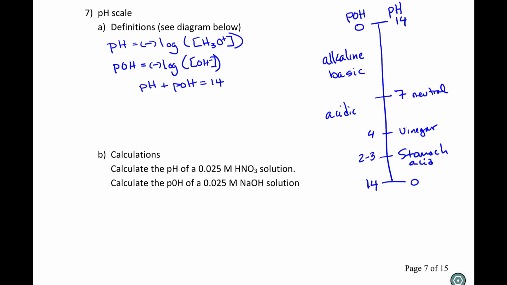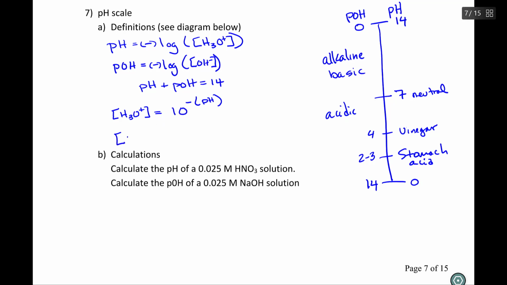A couple of other things that you're probably a little rusty on, but if you wanted to calculate the hydronium ion concentration from the pH, then it would be 10 raised to the negative power of the pH. Okay, so you add a negative sign and then you type in your pH there and raise it to the 10 power.